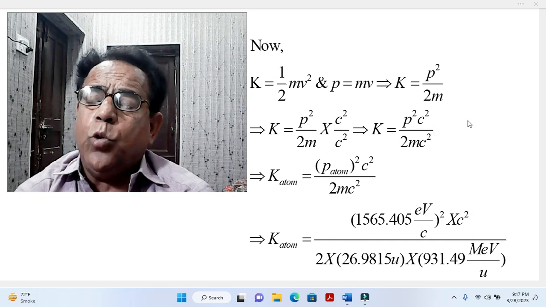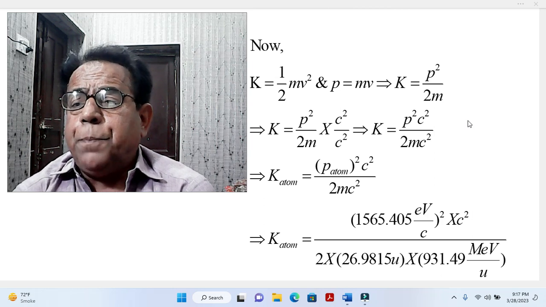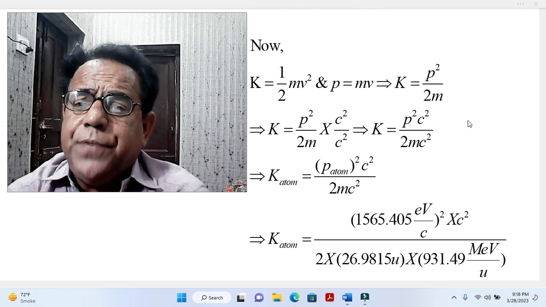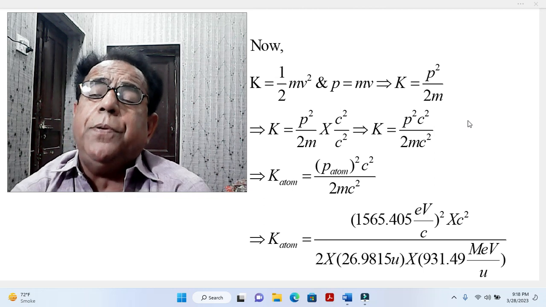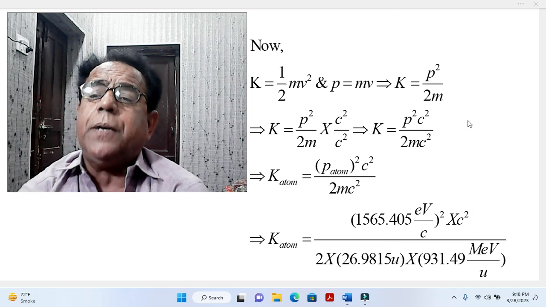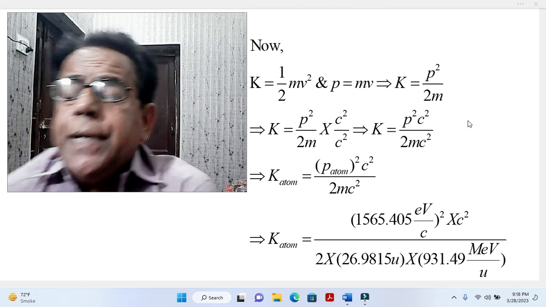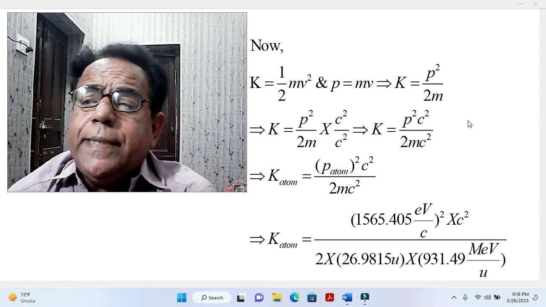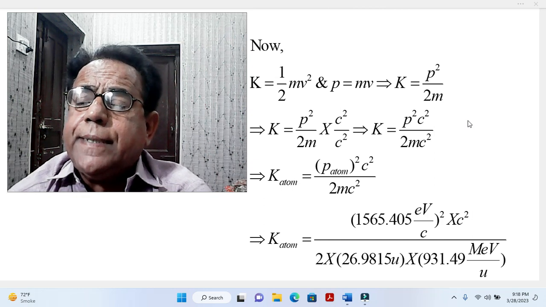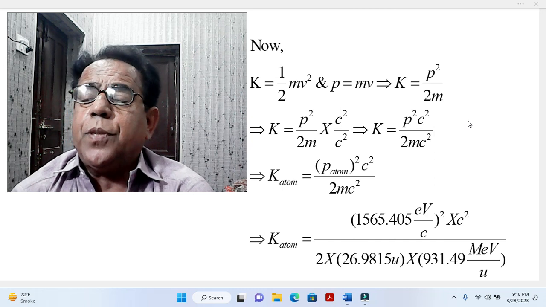There will be no difference, but our purpose will be solved and a clear picture will appear before us so that we may proceed towards our required solution. By dividing and multiplying with c square, we have got K equal to p square c square over 2mc square.